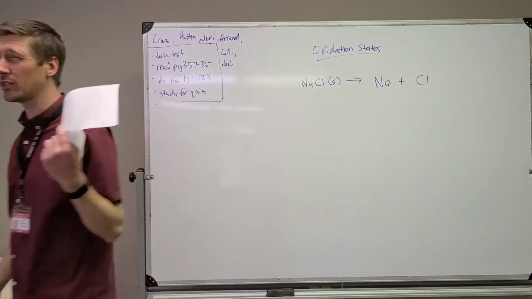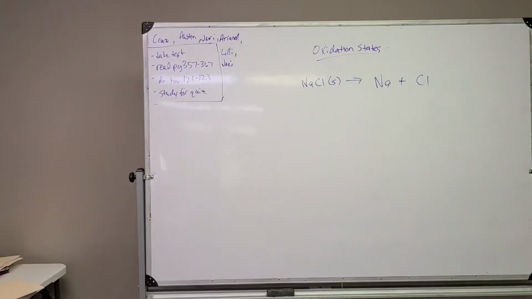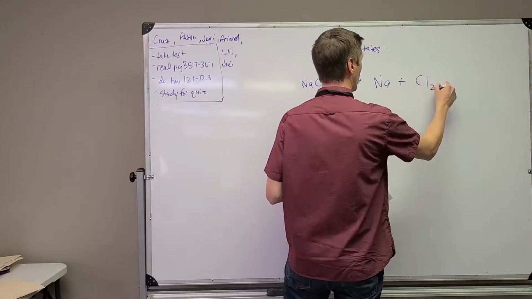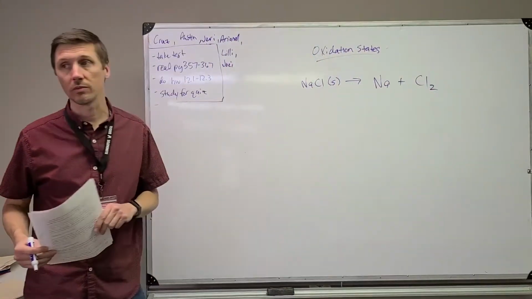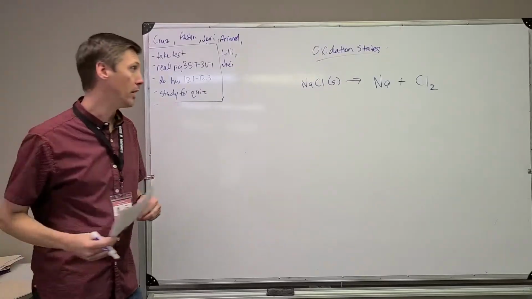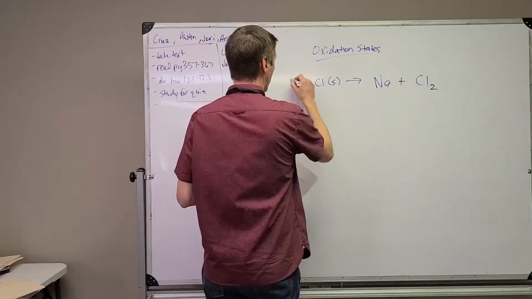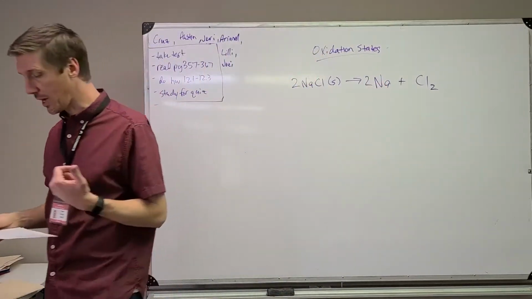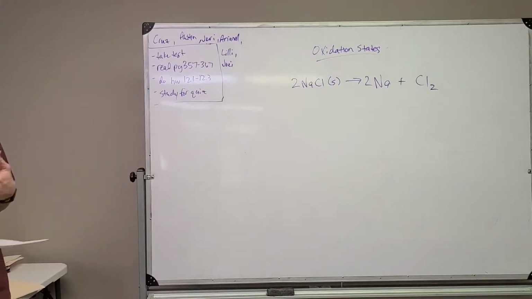The other thing you'd have to take into account is if any of these are homonuclear diatomics. Since Cl appears by itself, it's going to appear in pairs. And then you just balance that equation. So you put a 2 here and a 2 here, and you balance. So that's the decomposition reaction for sodium chloride.